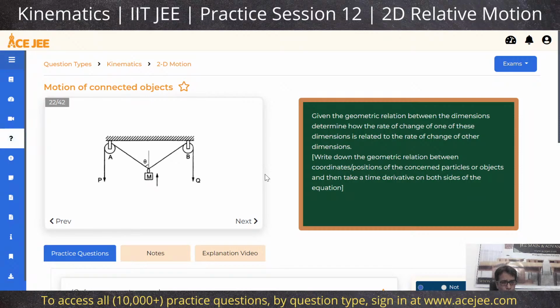Let's call it U. The other end of the two strings is connected to the mass M. The question is, when the strings are making angle theta with the vertical, any individual string from pulley A to mass M or B to mass M, what is the velocity of mass M? With how much velocity is mass M moving upwards?